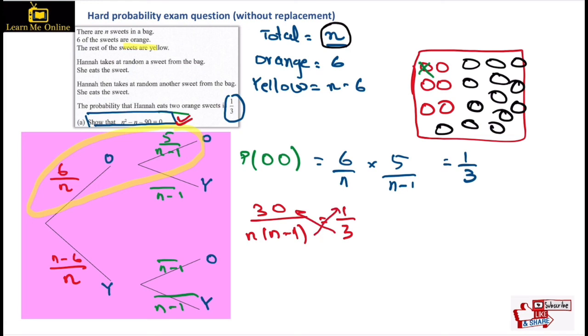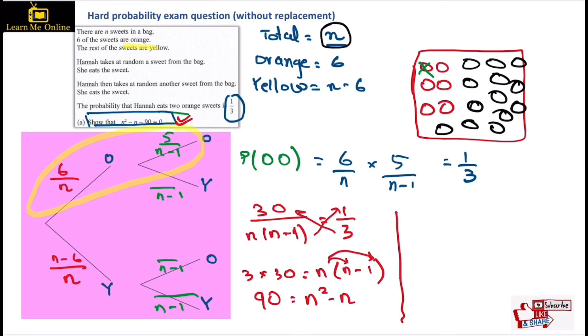So 3 times 30 on the left, and on the other side, anything multiplied by 1 remains the same, which is n times n minus 1. 3 times 30 would be 90. And you expand the bracket on the right hand side, so it would be n squared minus n, because we are trying to write it in the form n squared minus n minus 90.